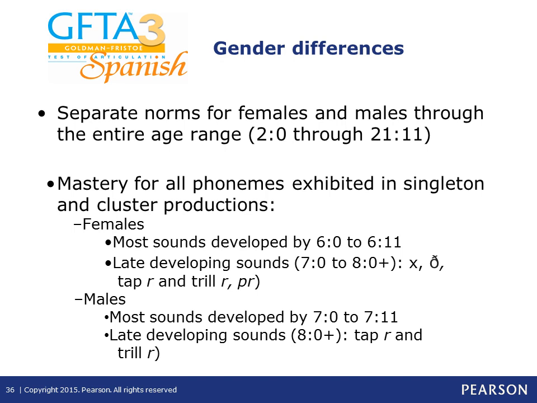So if you look at the females, most sounds are developed by around 6 to 6'11", with the exception of later developing sounds like the fricative, like jabón, the intervocalic D, the tap R, the trill R, and the PR cluster. In males, most sounds are developed by 7 to 7'11", with the exception of later developing sounds like the tap R and the trill R. They're similar, but there's also differences among the genders.